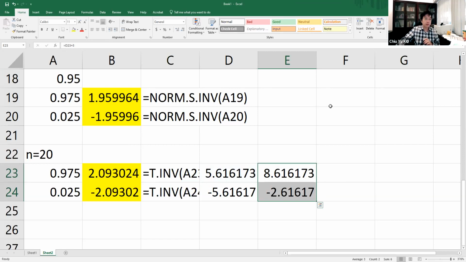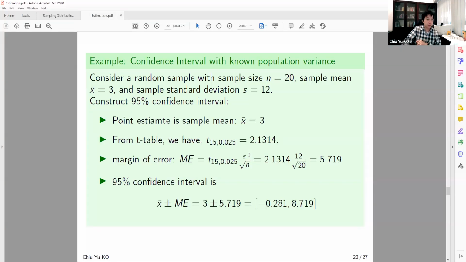Let me correct the typo. Again, just make sure that you correct it. This is not 15, this should be 19. And this number is 2.093. This is 2.093, and this is 5.616.